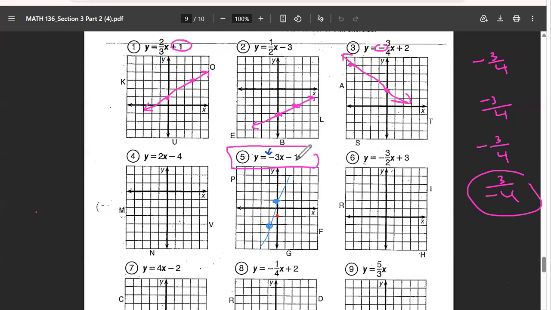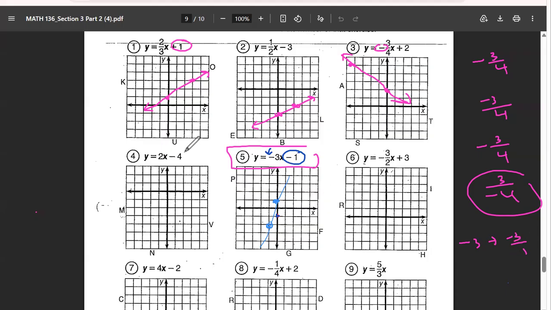Okay, so let's see. So we want to start at -1, okay? So that means we go down 1 and we stay there. We don't go back up, right? And then we have -3 over x. Well, I can write -3 as -3 over 1.